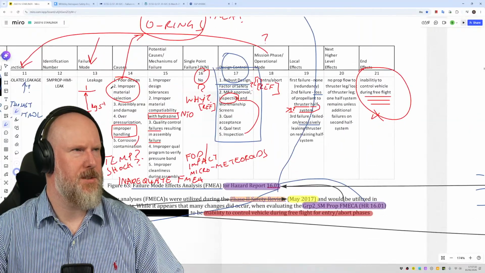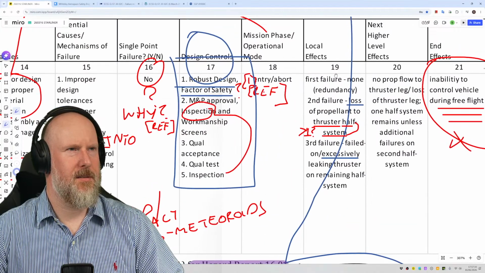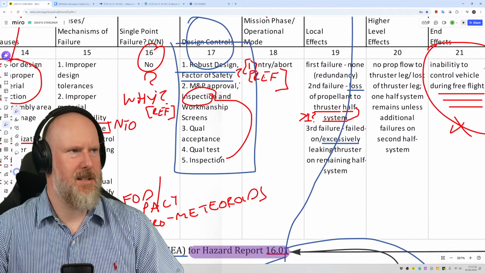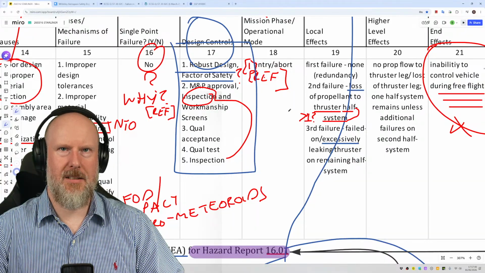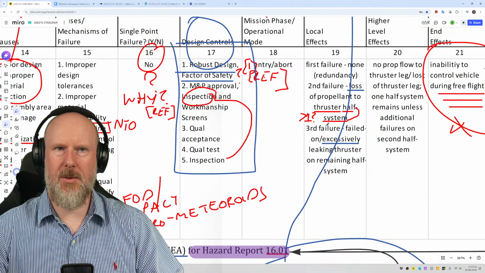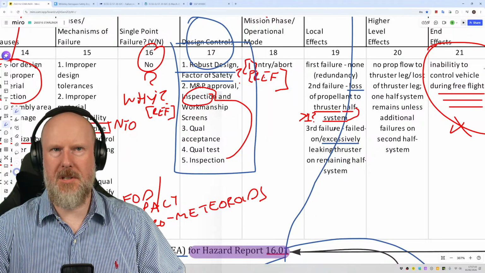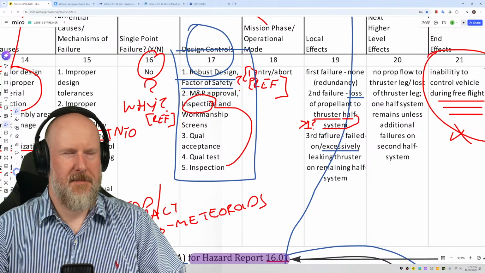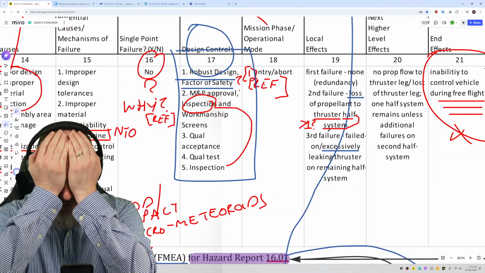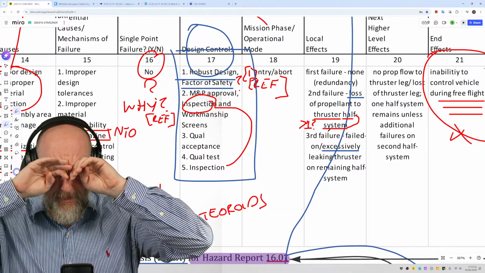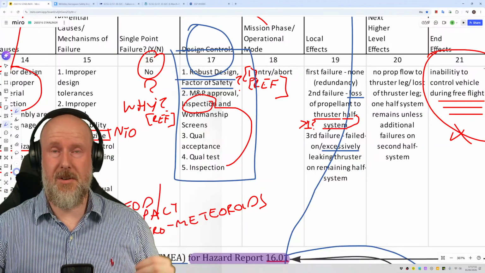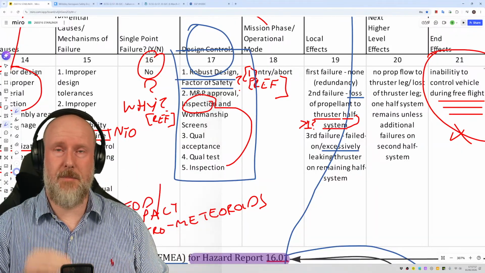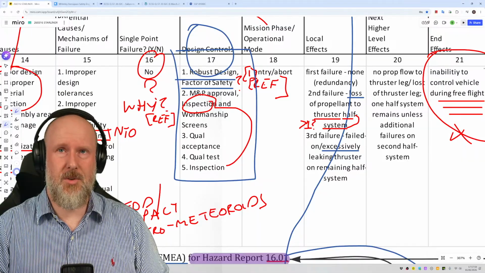I'm not sure this is right, because it says local effects. These are the design controls and these are the local effects. But it doesn't actually relate the design controls to the local effect or the specific safety requirements. And again, like I moaned yesterday, if you did an STPA analysis for this, you would identify very, very specific requirements for the control actions, the feedback, the control process, and the controller itself.